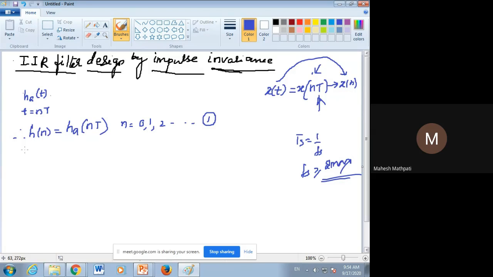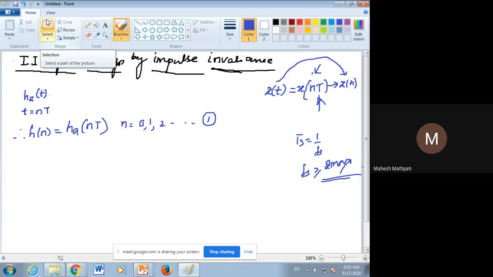After that, you just write one line. Here, h of n is the unit sample response of the digital filter, and capital T is the sampling interval, full stop.